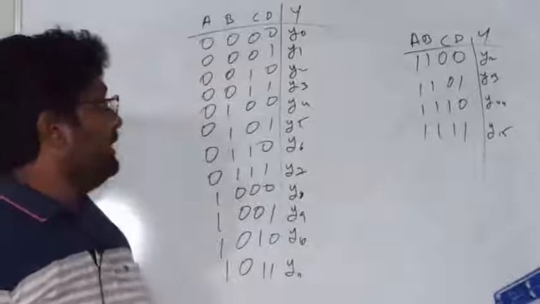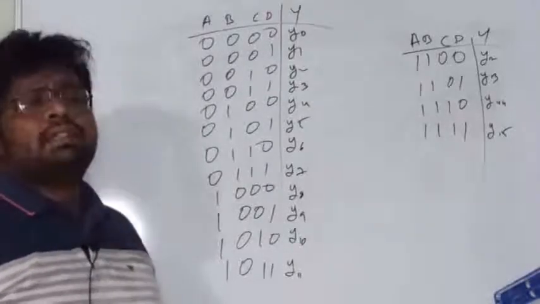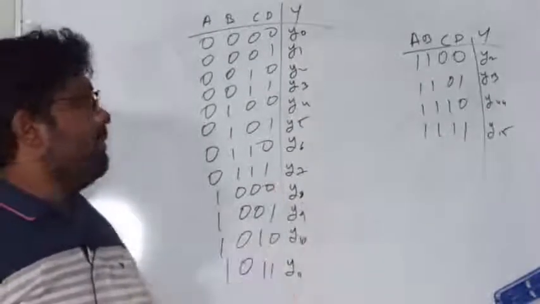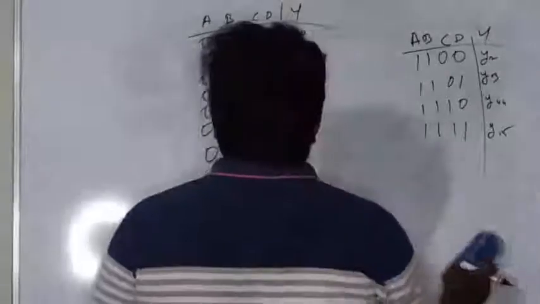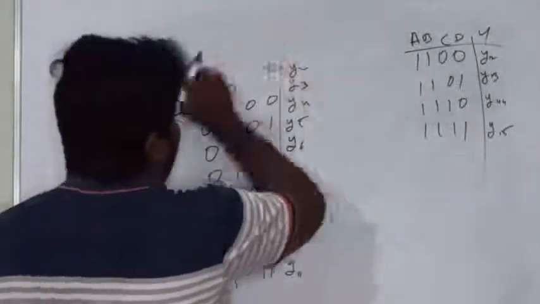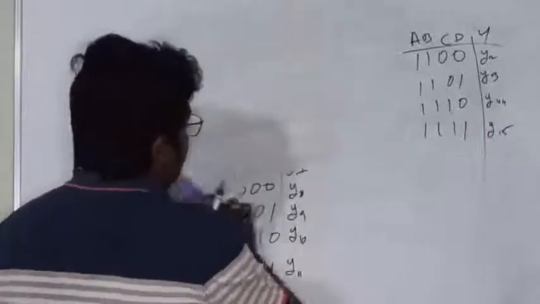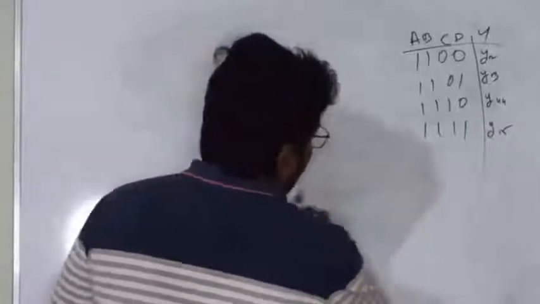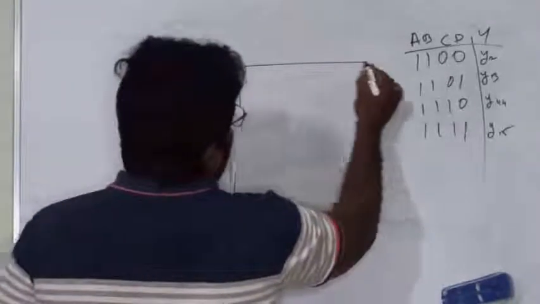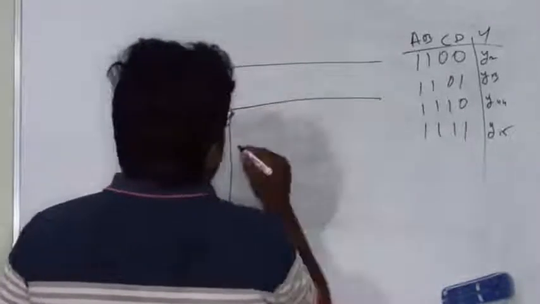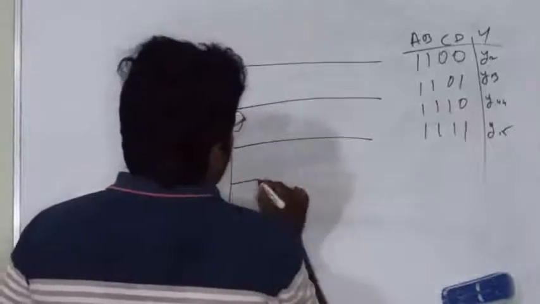So now let us see the K-map representation for these four variables. For a four variable K-map, we will be having 16 boxes, I mean 16 spaces, right?